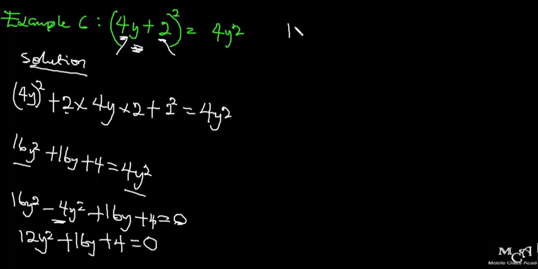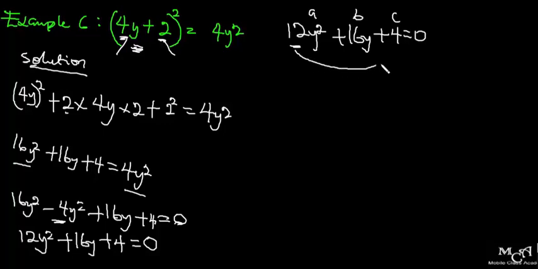So if we have 12y squared plus 16y plus 4 equals 0, remember the value of our a, this is a, b, c. The value of this a is greater than 1. Therefore, we are going to multiply with 4 to get our AC. So if we do that, what are we going to get? We are going to get 48.